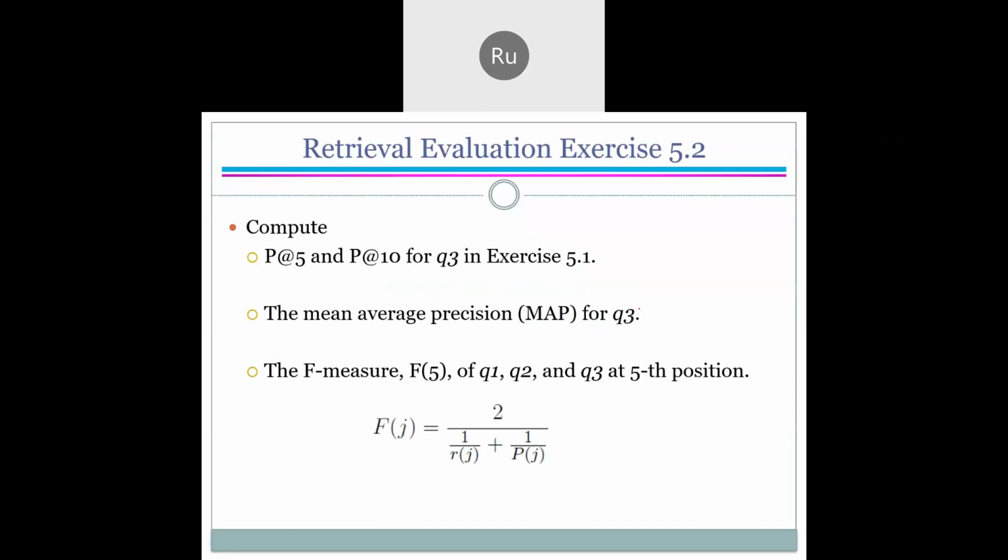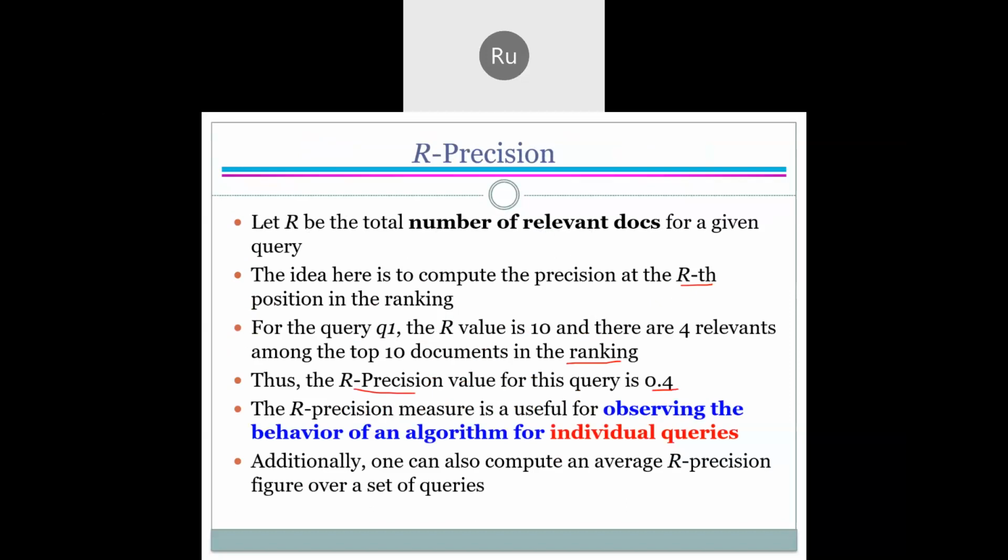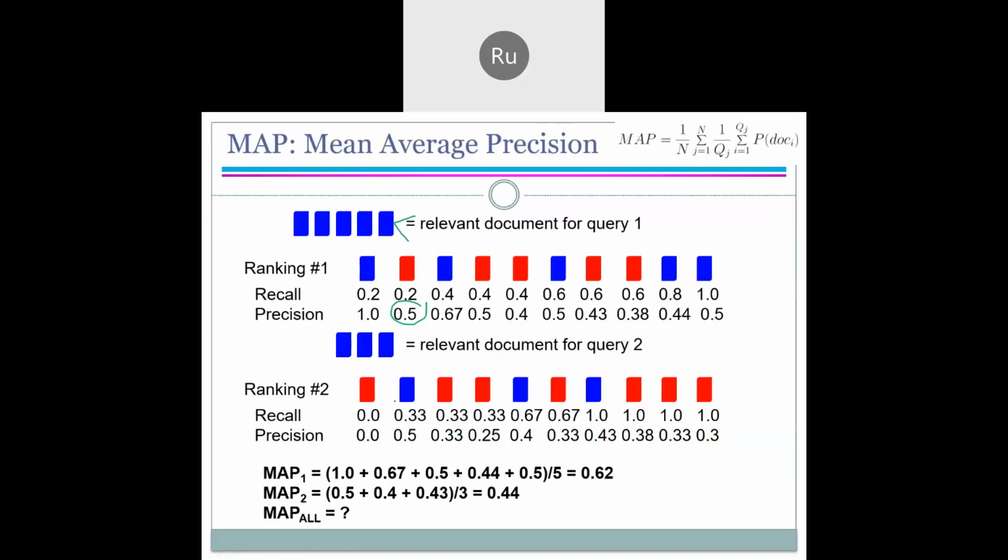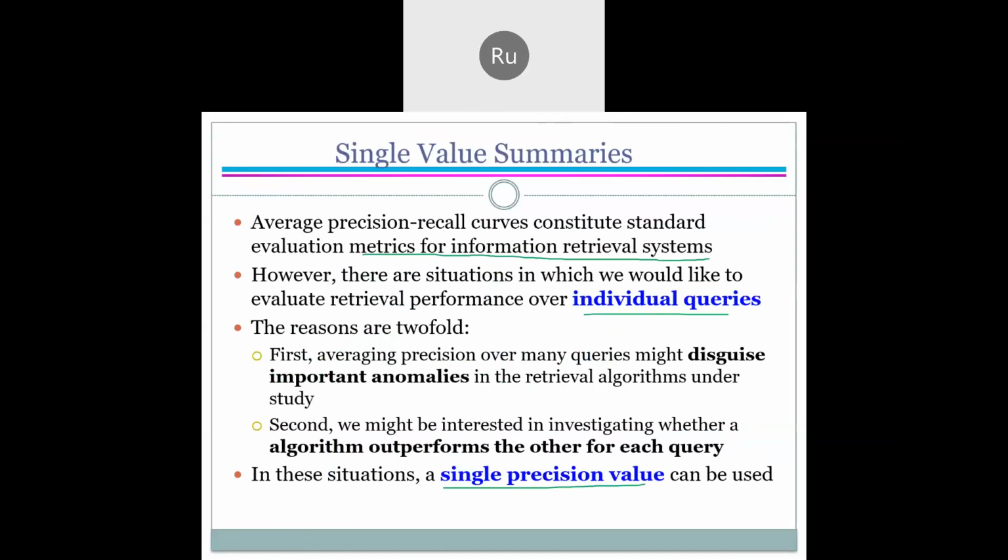Okay. So let's do some exercise here. They ask, what is the precision at document 5 and 10 for query number 3? So we go back to query number 3 here.